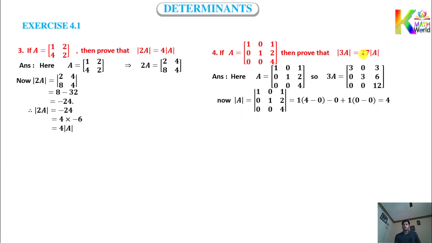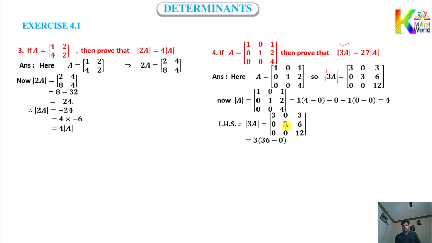Now calculate the value of 3 times A. Now which one is required? The determinant of 3A is required. So this is your left hand side. 3A equals this one, and in the same way 3 gets multiplied. So 3 with 3, eliminate first row, first column.